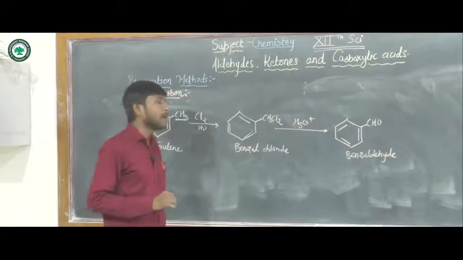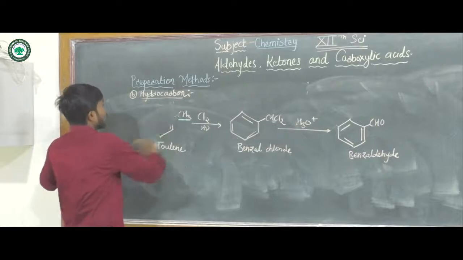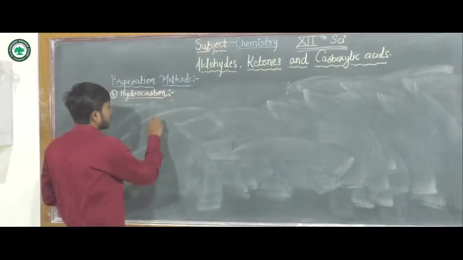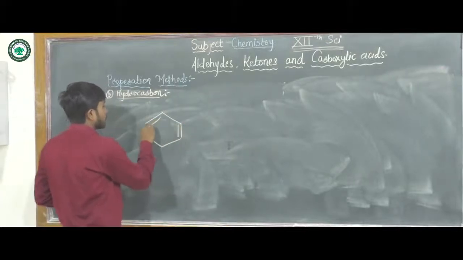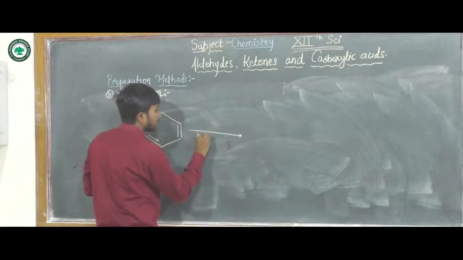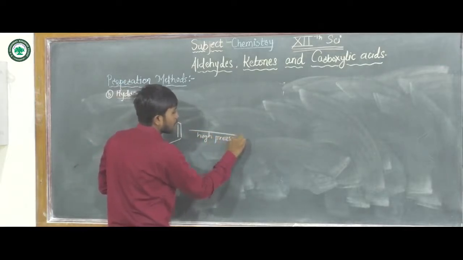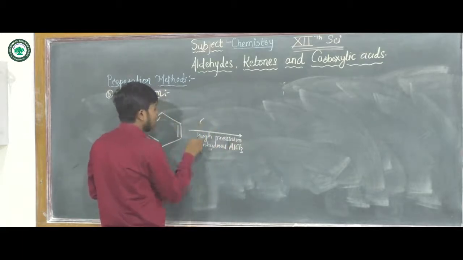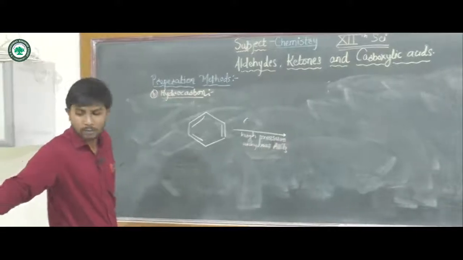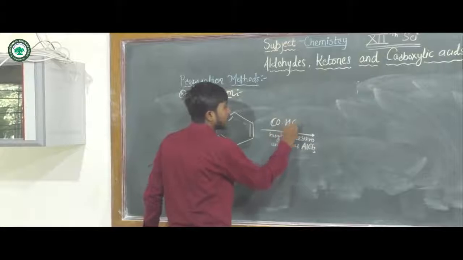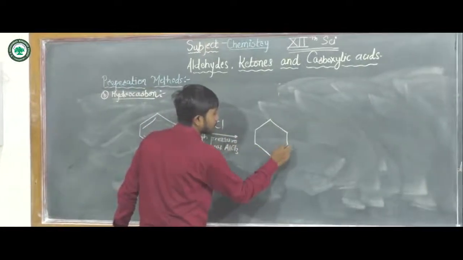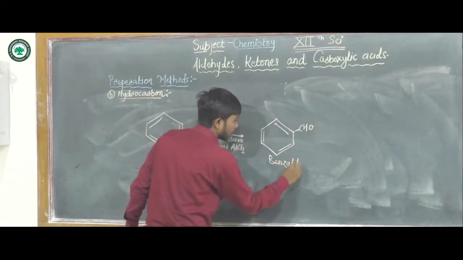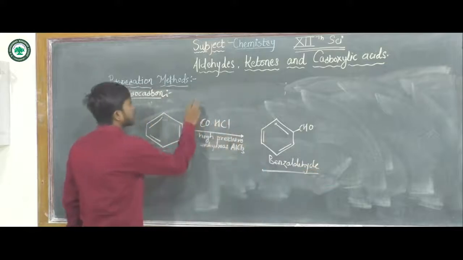There is a direct formation of benzaldehyde, and this reaction is very well known in organic chemistry as the Gattermann-Koch reaction, where benzene under high pressure, using anhydrous aluminium trichloride, reacts with carbon monoxide and HCl to give benzaldehyde. And this is nothing but the Gattermann-Koch reaction.